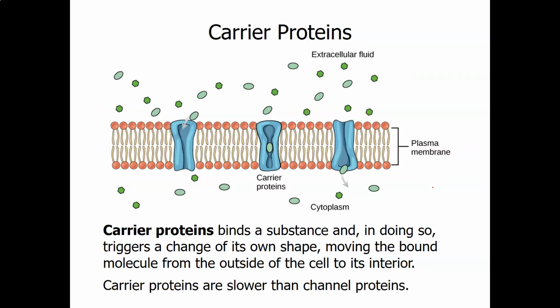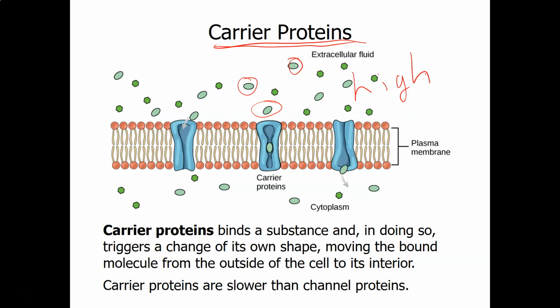Okay? A carrier protein is similar to a channel protein, but instead of being open all the time, what will happen is, the molecule that we're looking at right now is the light green oval. We can call it an amino acid because amino acids have to go through transport proteins. They are polar molecules. So let's say that it's an amino acid, and we can see that the concentration of these green molecules is higher outside the cell.